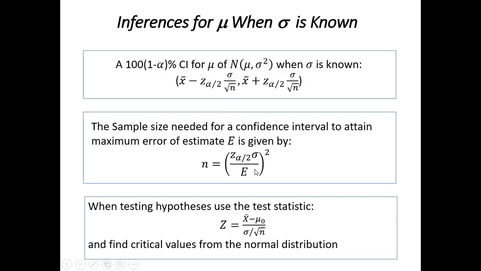That's how we come up with this formula. When testing a hypothesis, we're going to use this test statistic called Z. Z is x bar, or sample mean, minus the hypothesized mean, divided by sigma over the square root of n. And we find our critical values from the normal distribution.